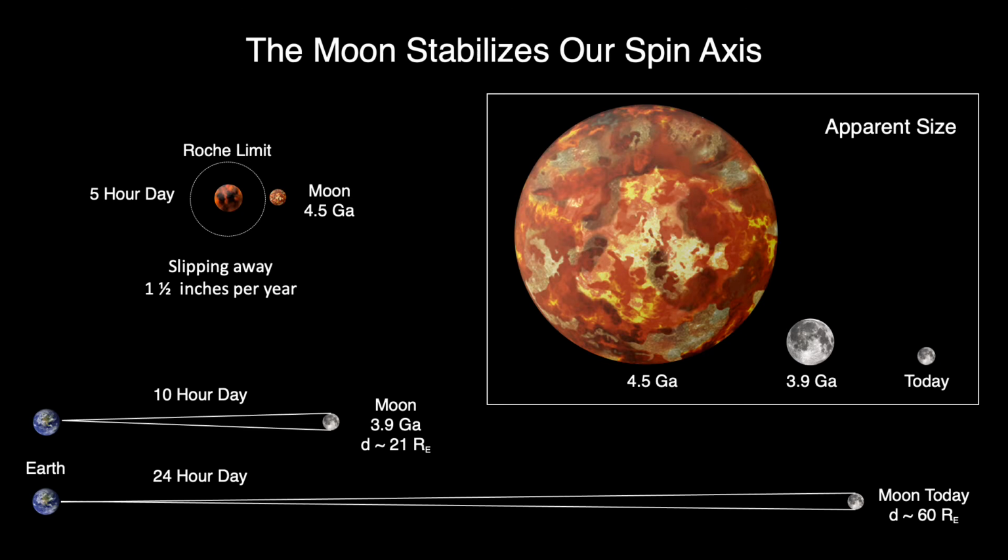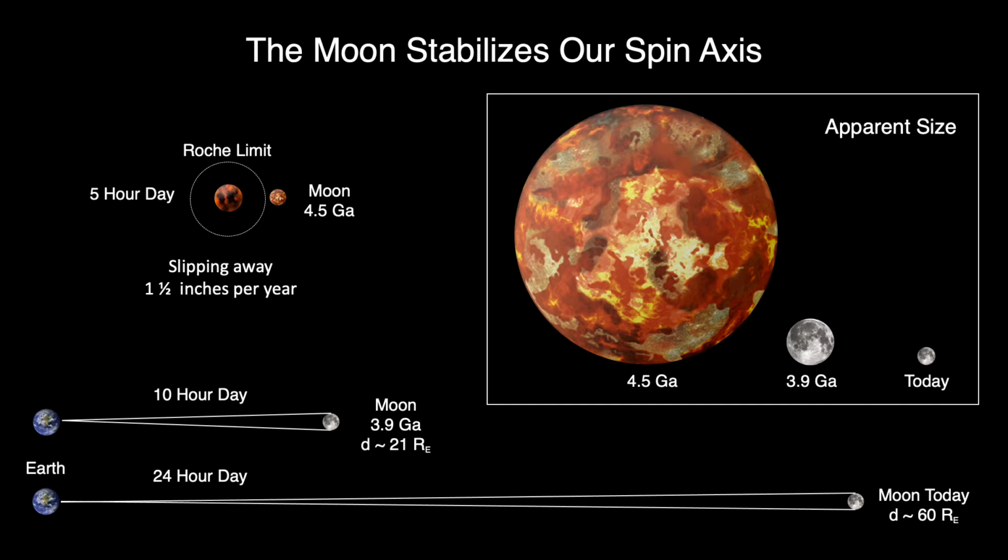So for instance, at 3.9 billion years, some 600 or 700 million years after the Earth and Moon were formed, the Moon may be as far as 21 Earth radii away. And today, the Moon resides at about 60 Earth radii away.